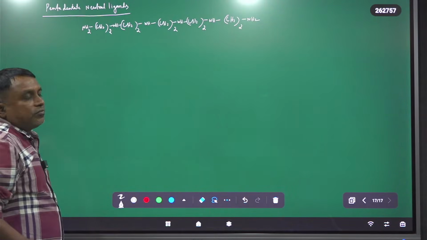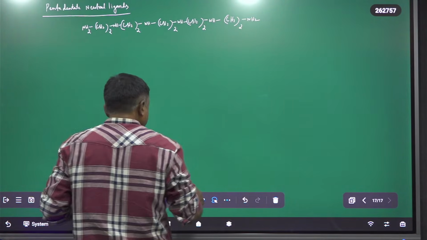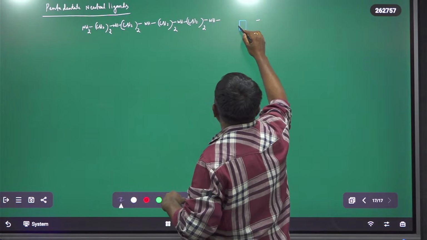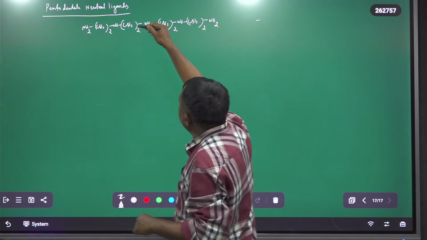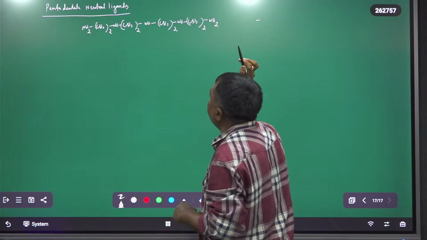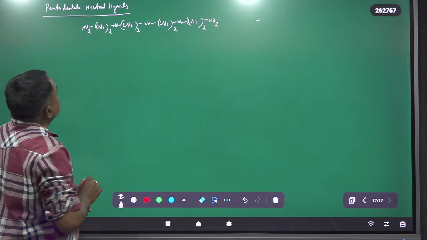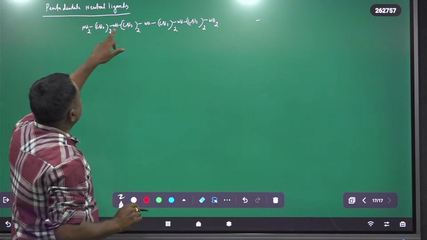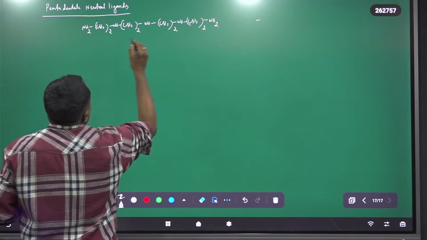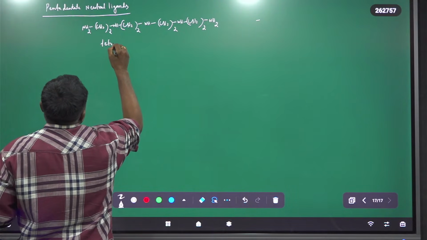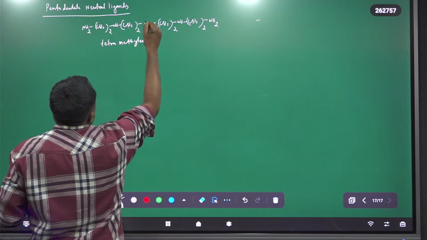There are 5 only you write now. This is NH2, this is NH2. So 1, 2, 3, 4, 5. Therefore it is a pentadentate. Tetramethylene pentamine. 1, 2, 3, 4, 5. So what is the name of this one now? 1, 2, 3, 4. Tetramethylene.